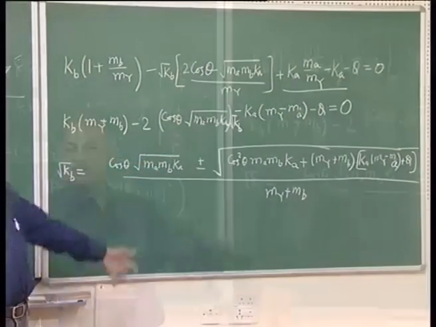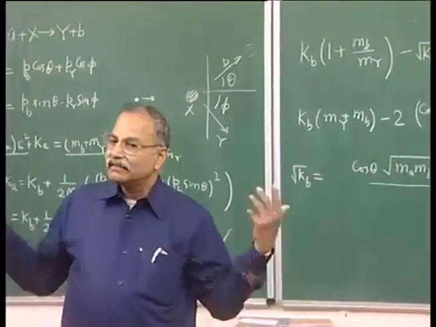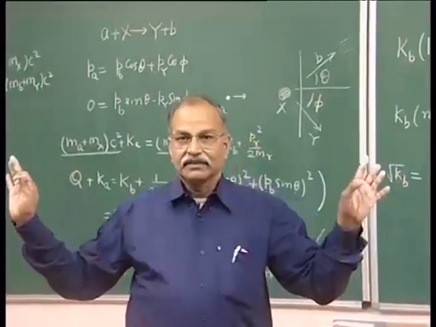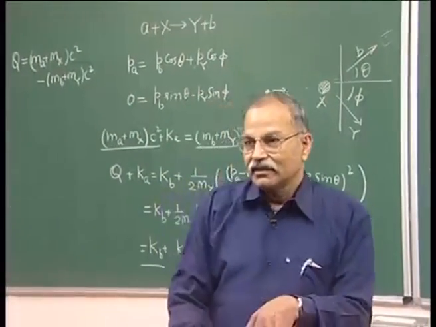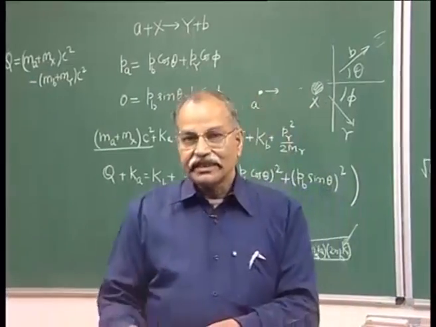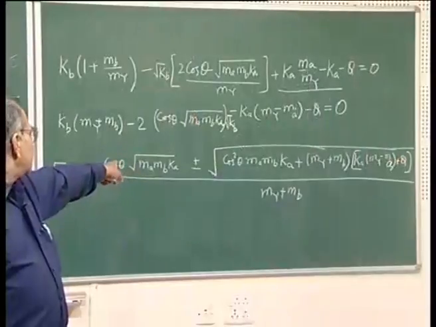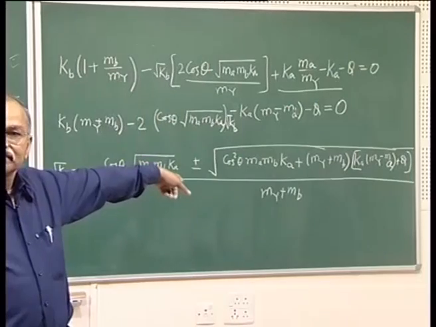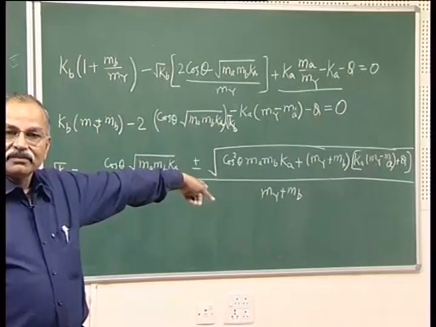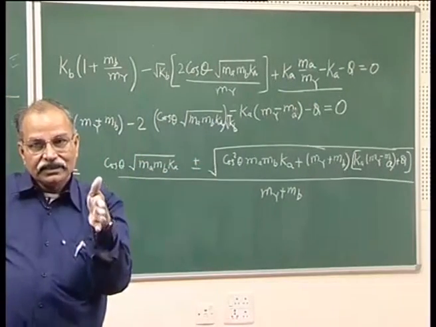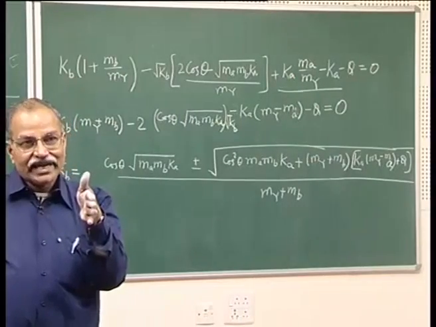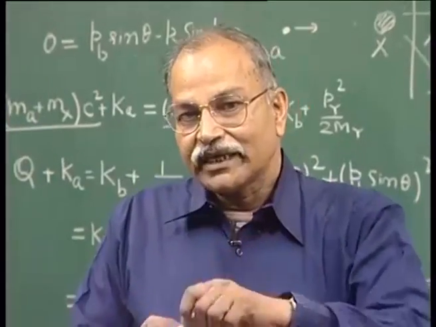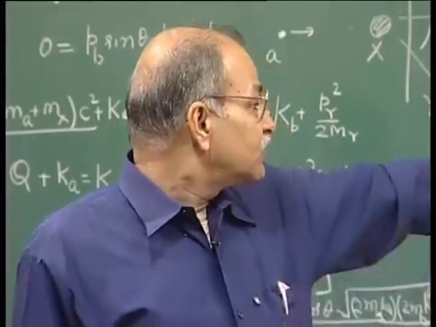So, if Q is positive, then the reaction can go anyway. So, there is no threshold energy, but if Q is negative, then demanding that Kb should come out to be real and positive from here, you have a threshold energy below which the reaction will not go, and that threshold energy will depend on this cos theta term.